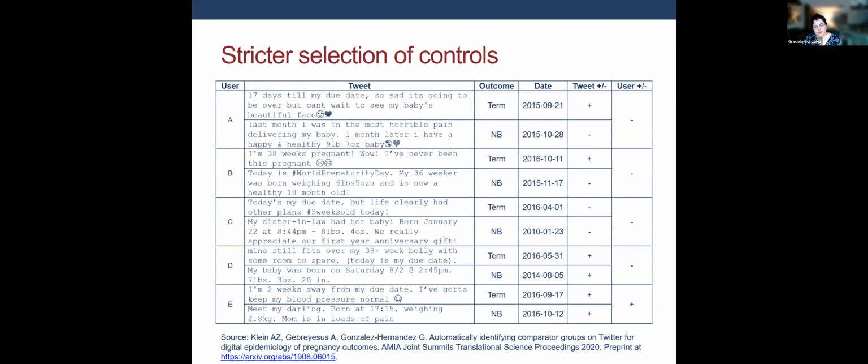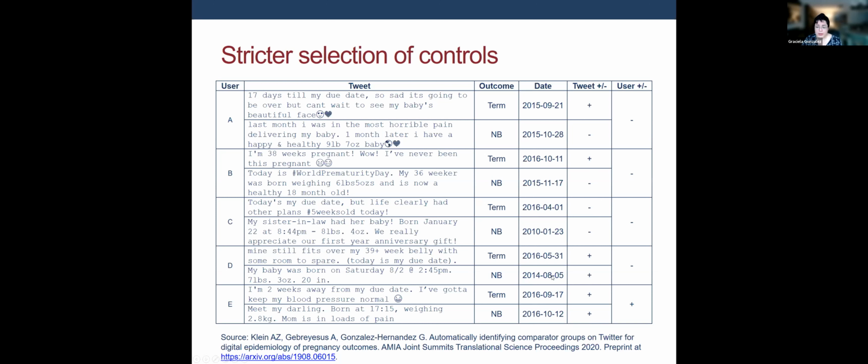So the positive information. In this case, what we can say for these controls is that the babies reached term and the babies reached normal birth weight. Sometimes we'll get positive information for one, but not the other. Therefore, the user is not cleared as a control timeline. Sometimes we will get negative for both.